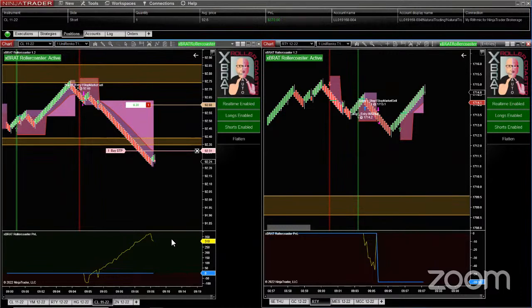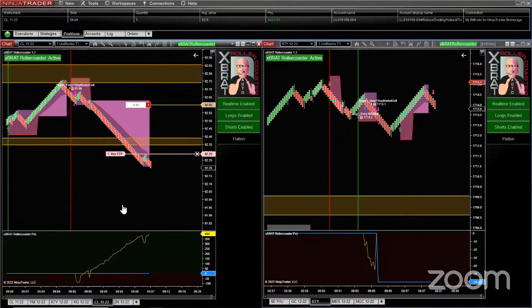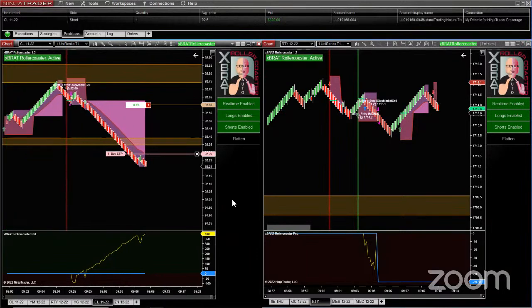So we've switched the oil opening range trade to 10 minutes now. At the 10-minute point at 9:10, we'll get an opening range formed. If it's below a certain number of ticks, then it will be a trade, but we're going to have to wait for that. This trade is going very, very well on oil.